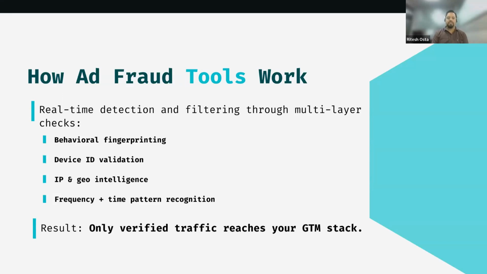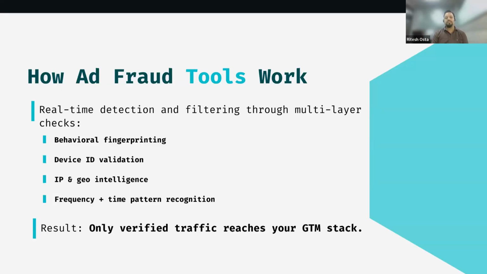So IP and geo intelligence needs to be verified, and also frequency and time pattern recognition. How often is this happening? What is the pattern? There is pattern recognition technology which can recognize patterns, and if the pattern shows any signs of problems, it generally detects those problems.